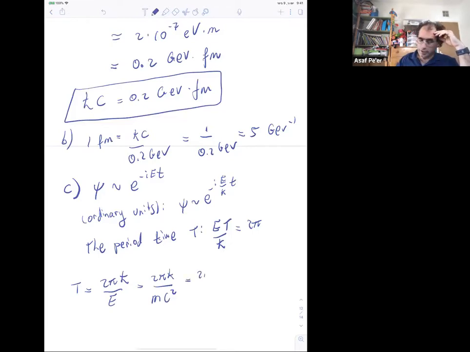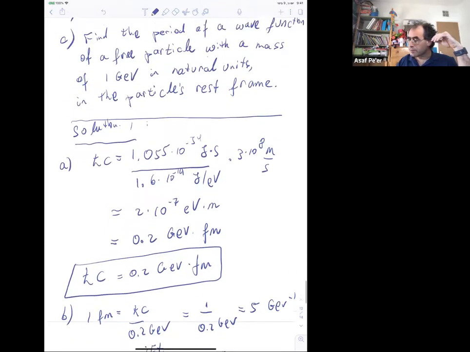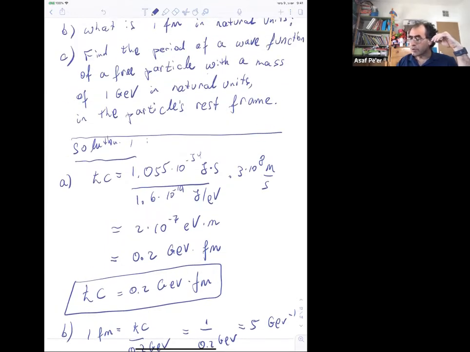So it's 2 pi times 1.055 times 10 to the minus 34 joule seconds, divided by, well, I just write it down as 1 GeV, because I said that the particle's mass is 1 GeV.